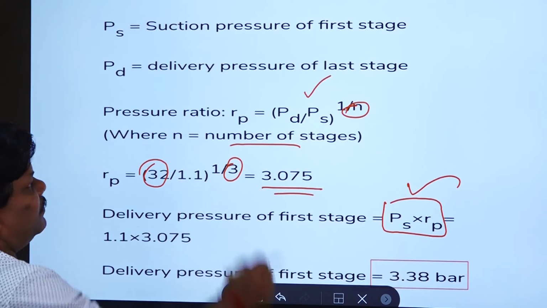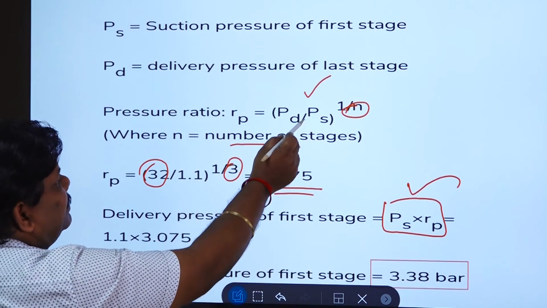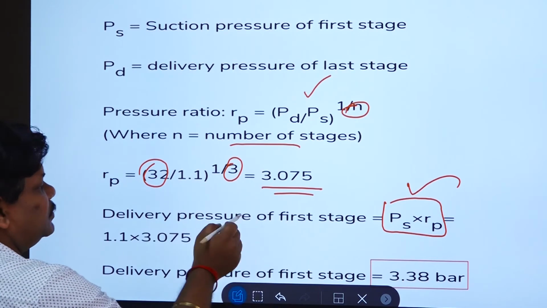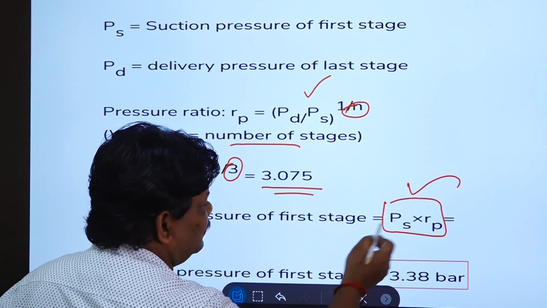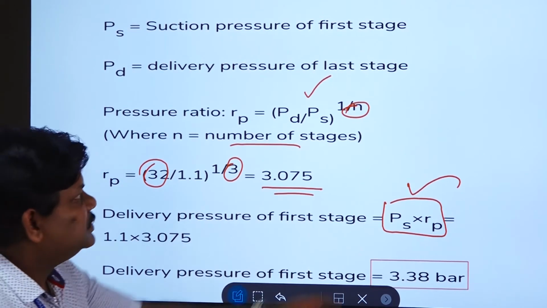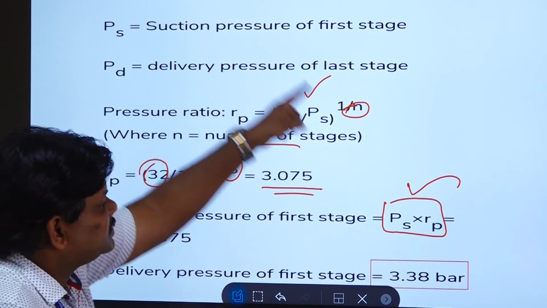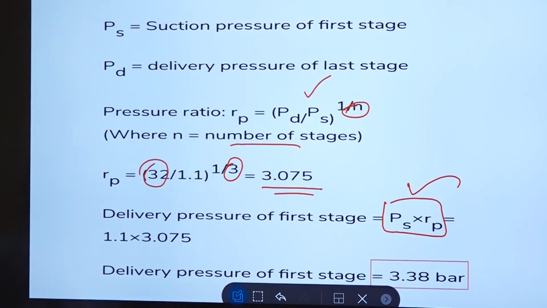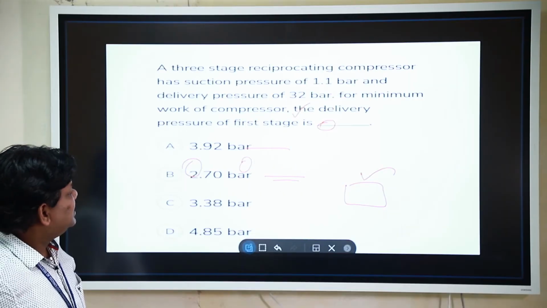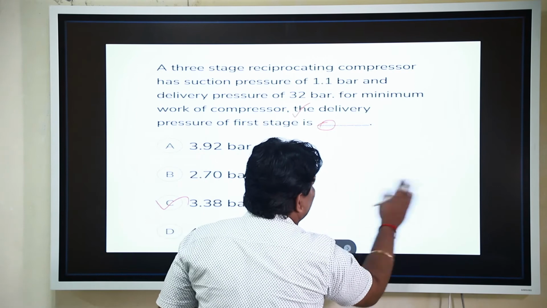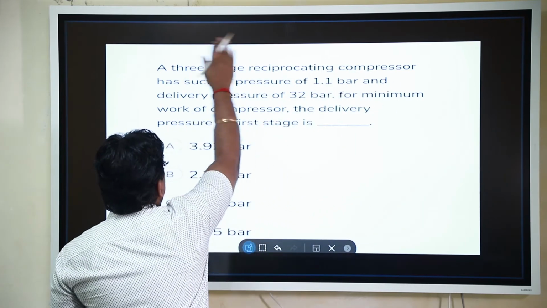One is for pressure ratio, PD by PS whole power 1 by N. And if you want to find the delivery pressure of the first stage, you can write that it is the product of the suction pressure at the first stage and the pressure ratio. These two should be known to you, then only you can find the value of this delivery pressure. It is 3.38 bar.